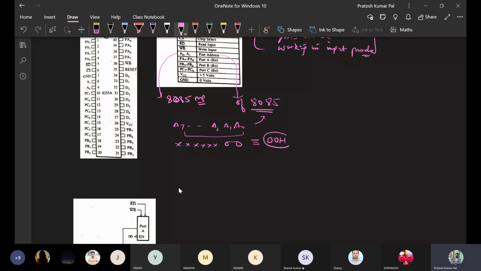If 00H is the port address of 8085, that means port A of 8255 will be selected.